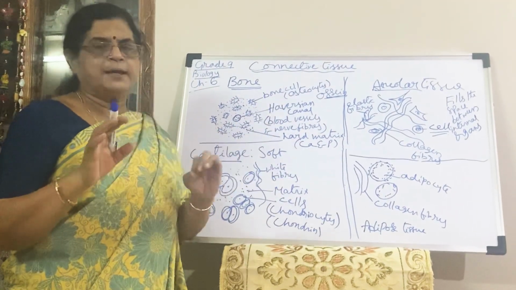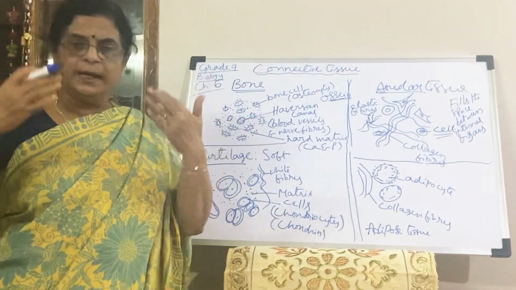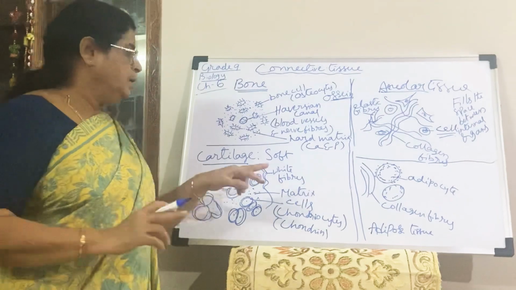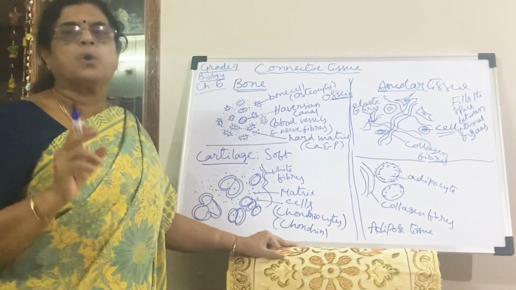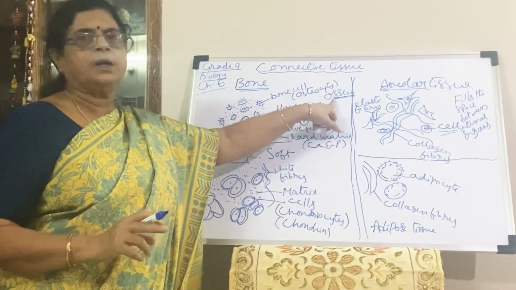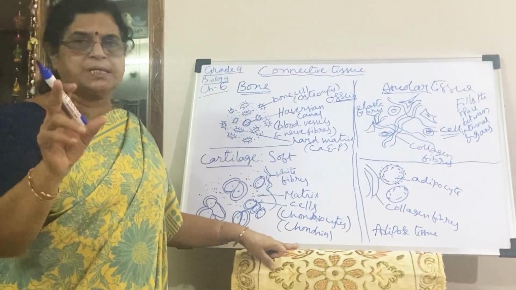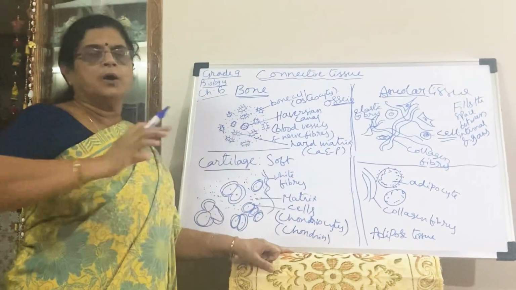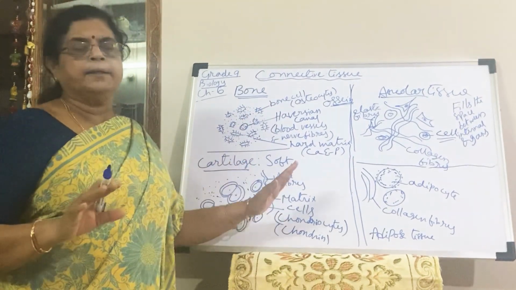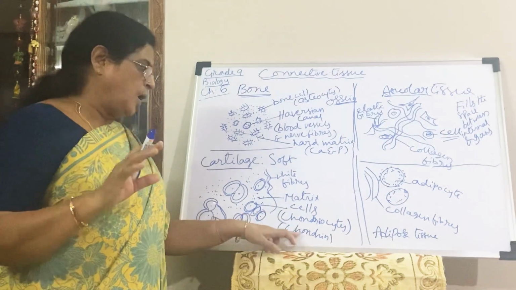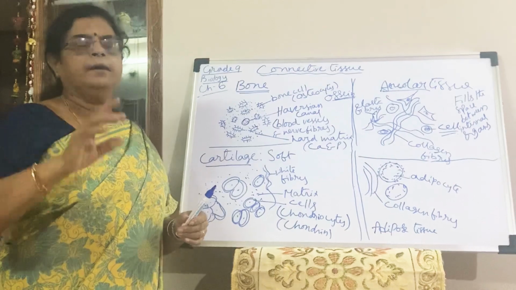Bone cannot be flexible. It is hard and rigid, giving shape and support to the internal organs and structure. The cartilaginous protein is called chondrin. The protein in bone is called ossein. So cartilage cells are chondrocytes, it does not have that much hard matrix, and the protein is chondrin. It has white fibers and is flexible in nature.